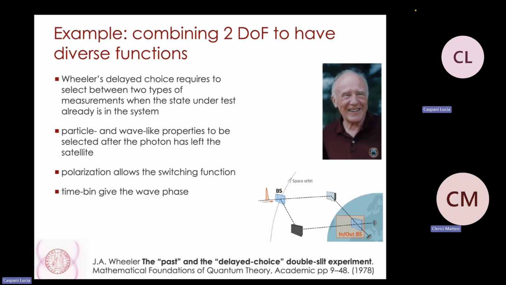In this case we create a state in which the polarization acts as the switch, and the phase, like the one that I've just described, which we named the kinematic phase, is the wave-like property to test.